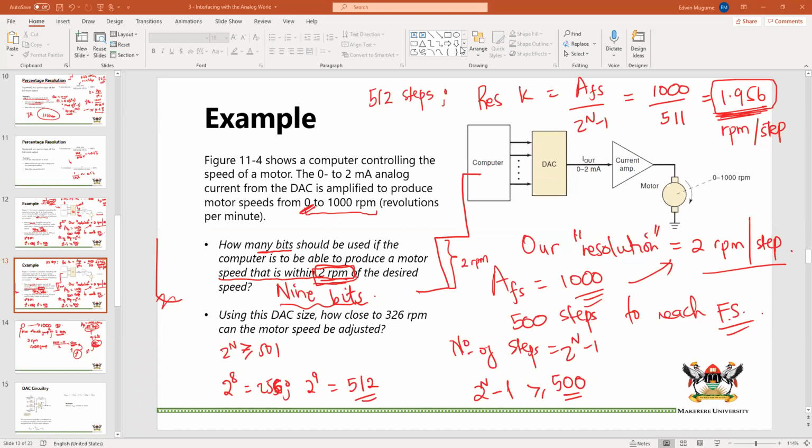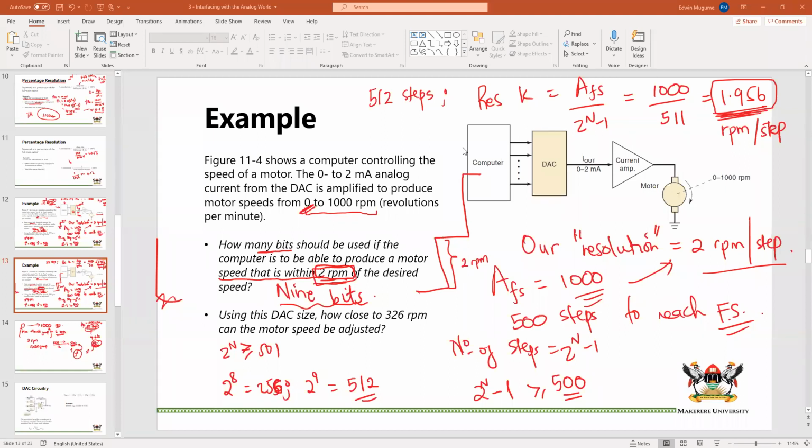But that is not necessarily the resolution. Once you choose the number of bits, it may give you a bigger number of steps, and then you calculate backwards and get the actual revolution. What if I use 1.5? You cannot use 1.5. 2 has been given to you.